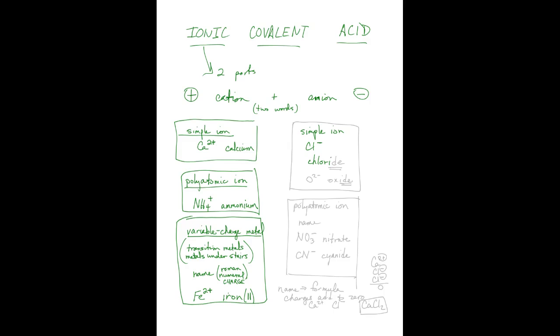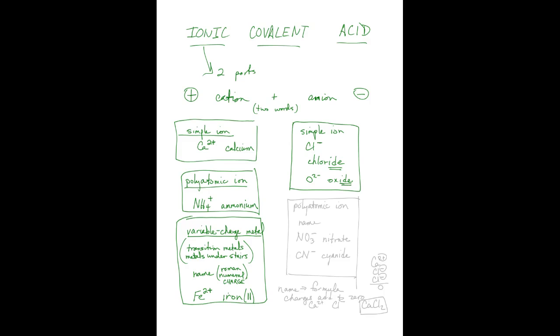So notice with our calcium on the cation side, we just wrote its exact name, but here we're going to change the end of the name to ide. Instead of chlorine, we're going to write chloride. Oxygen, 2- would be called oxide. We take the egen off and write the ide. So the second thing, the anion, if it's a simple ion, we have to change the end of the word to ide. So that's our simple ion.